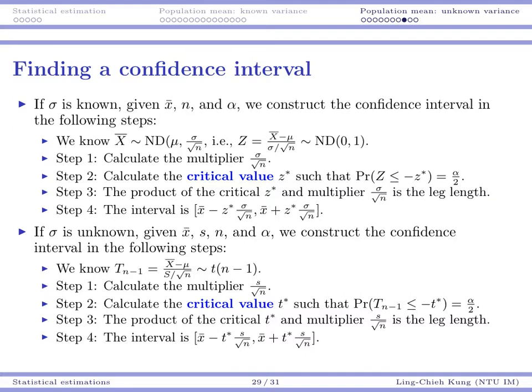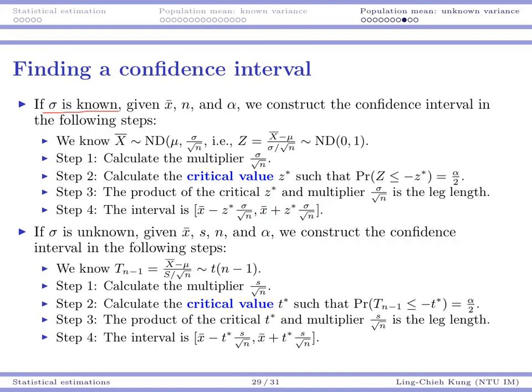Okay, so let's compare the two different ways. One with the population variance, the other without. If sigma is known, then things are easier. Given x bar, given n, and given our desired error rate, we construct the confidence interval in the following steps.